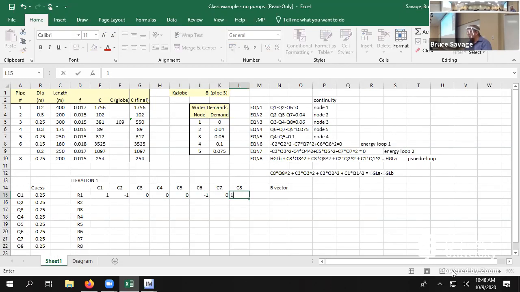Q7 is 0, Q8 is 0, and my B vector is going to be 0 in that case. The second one is going to be 0, and then I'm going to have 1, negative 1 for Q sub 3, and a bunch of zeros until I get over to 7, and 7 is going to be a negative 1, and 8 is going to be 0, and then my B vector is going to be 4.04.